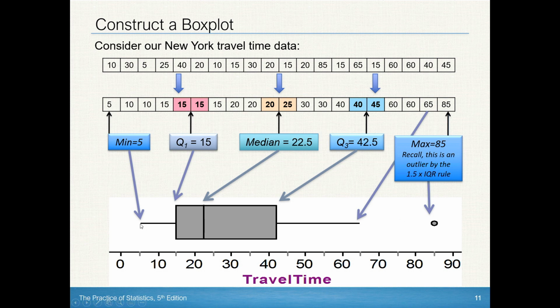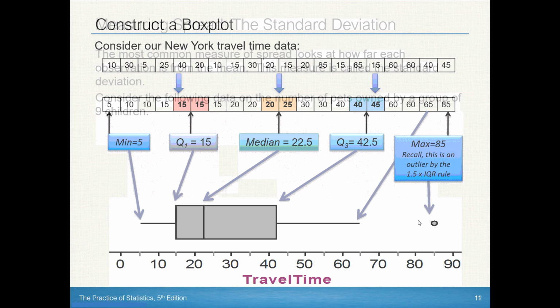This is the smallest point in the data set. The fence, or that guideline, is actually somewhere out here, and we typically don't mark that on the box plot itself. I think it was 83 point something, and we had a negative number for the fence down here. Those don't show up. So there's my modified box plot for travel time of New Yorkers.